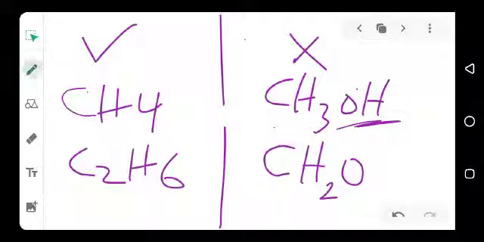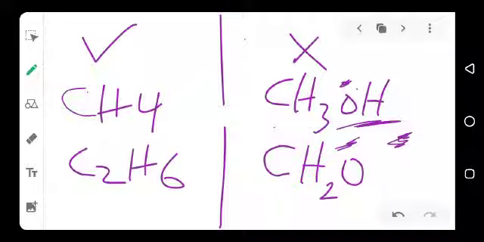But when we look at this one, we have an oxygen atom present here. Because of the oxygen atom, it is no longer a hydrocarbon. This one also has an oxygen atom attached to it. So these two are not hydrocarbons because of the oxygen atom attached to them.